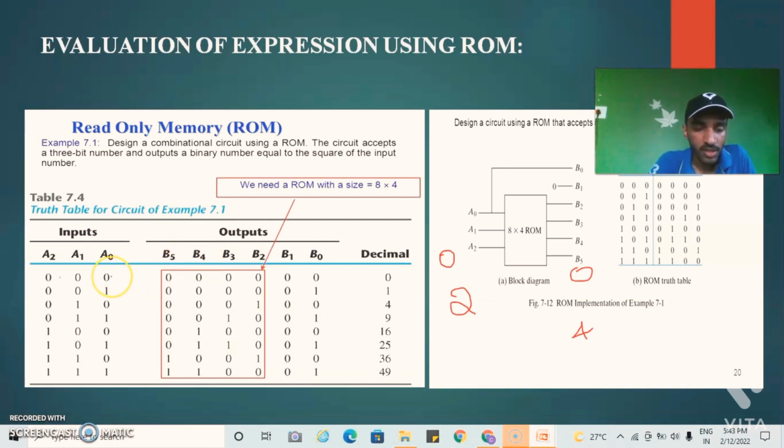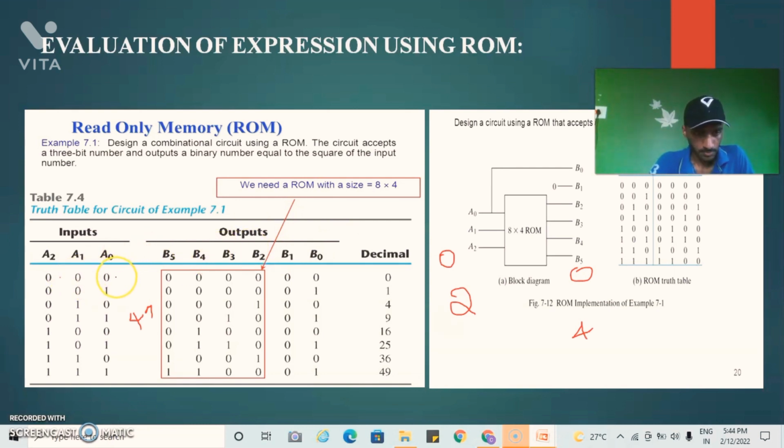In order to represent the square of the 3-bit number, I should go up to 49, because my largest input is 8... let me write it, 49. To represent 49 in binary form, I require 6 bits. That's why I put it as B5, B4, B3, B2, B1, B0. This is how the truth table is formed.